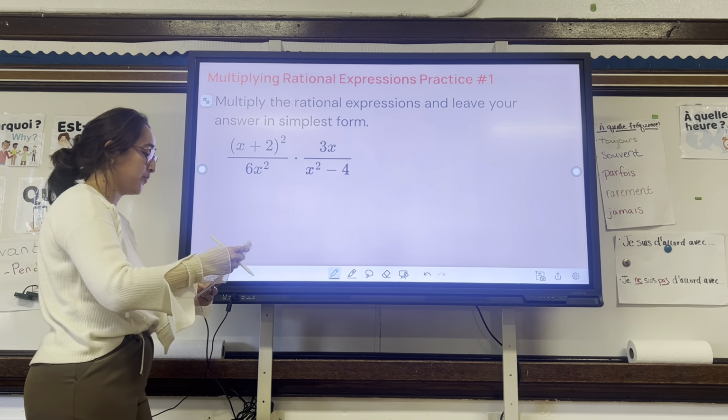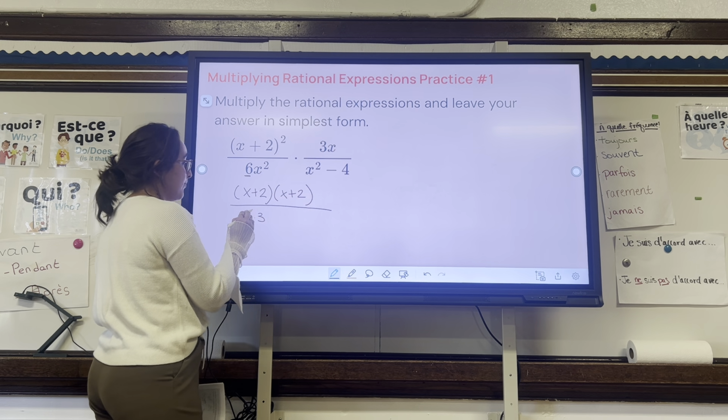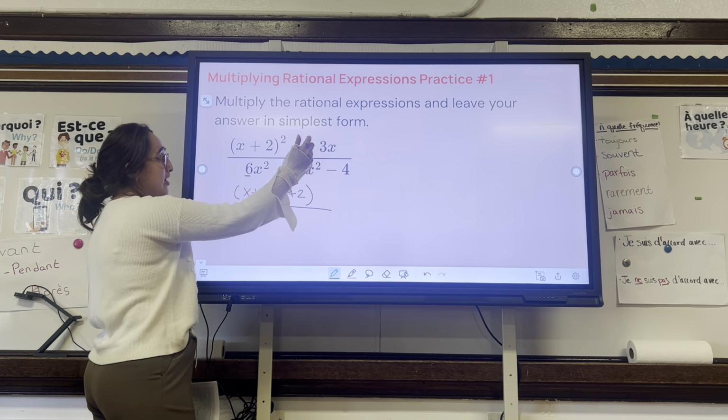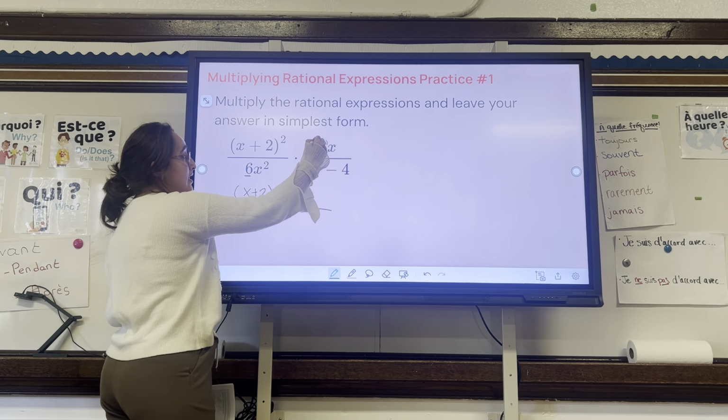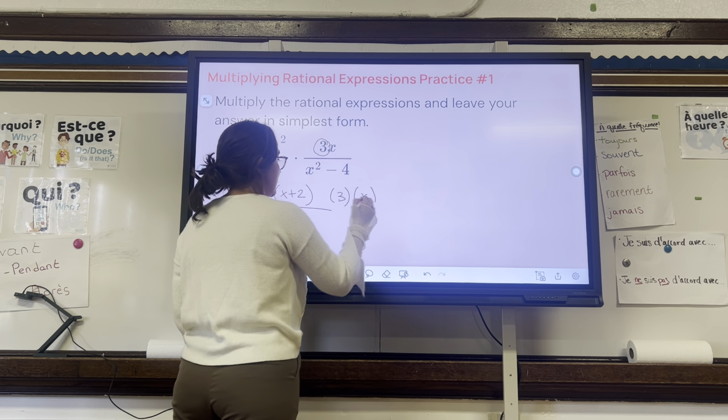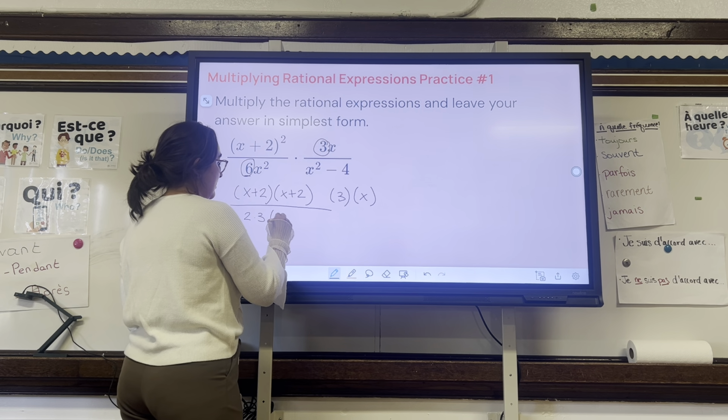You can break this up, so 6 becomes 2 times 3, but you don't have to, right? Because what you're gonna see is that this and this will simplify as a fraction. So if you want to break it up to see it easier, you can, but you don't have to. And then this is times 3 times x, and again, times x times x.